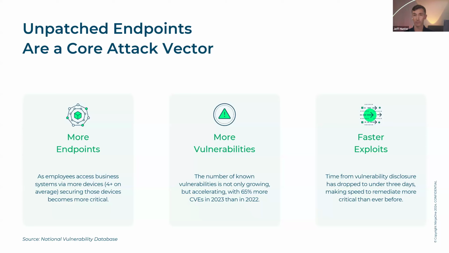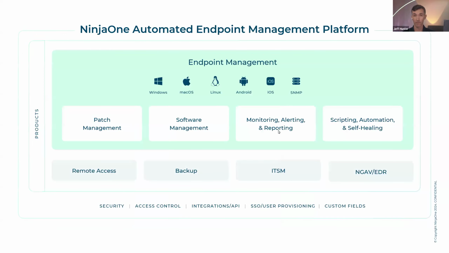The number of vulnerabilities is probably only going to go up and increase, if not stay at least static with that 65% number. And again, another compounding factor here is that the time for vulnerability disclosure has dropped. And so you now need to not just patch, you need to patch faster than you've ever had to patch previously. So there's a lot of factors in here, and NinjaOne can really help solve those.